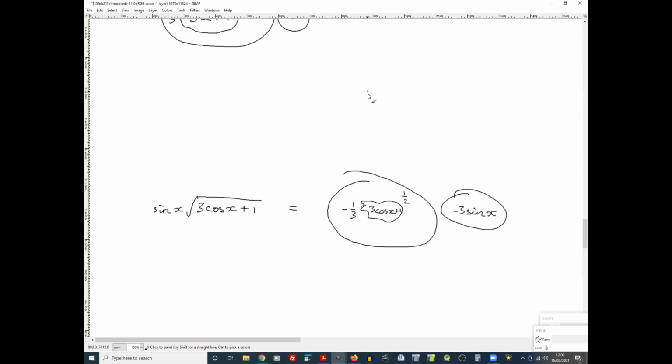Good. And then up here we'd have minus a third, 3 cos x plus 1 to the half. Would we? Are you sure? Oh, no. We'd have, sorry, 3 cos x plus 1 to the 3 over 2. And therefore we divide by 3 over 2, so we times by 2 over 3.